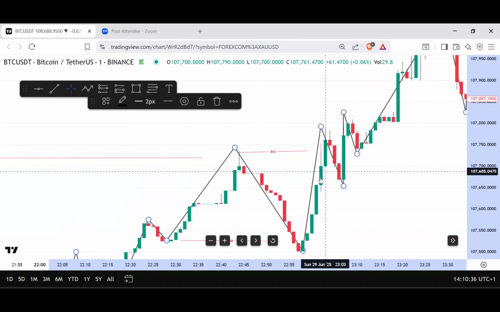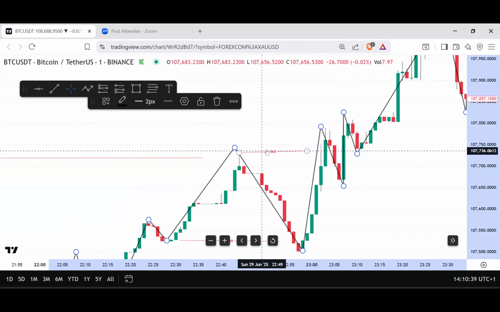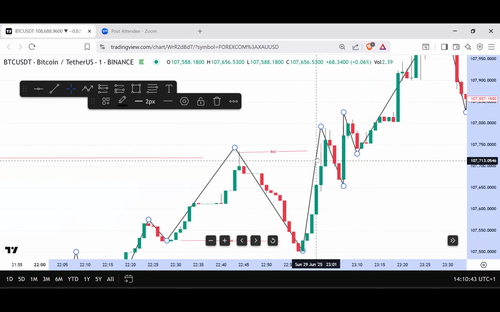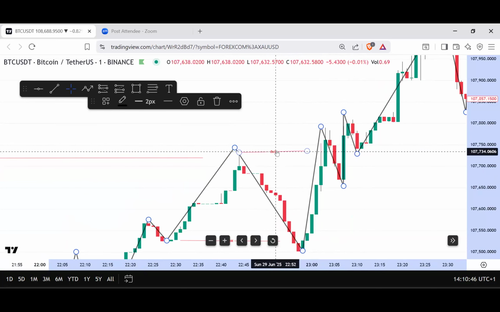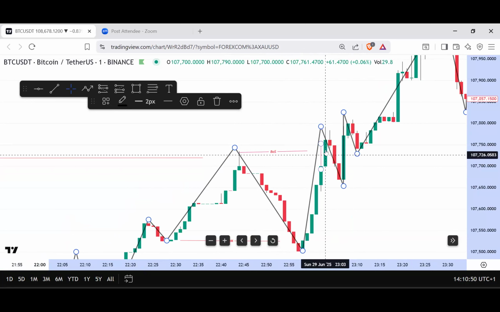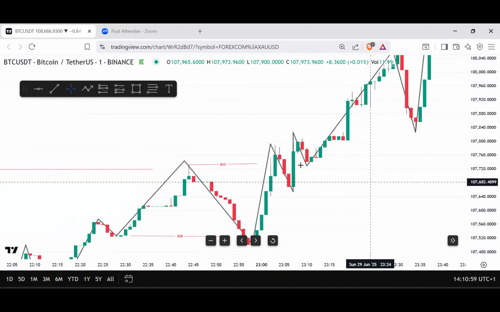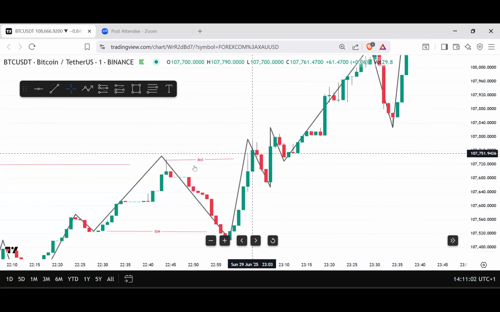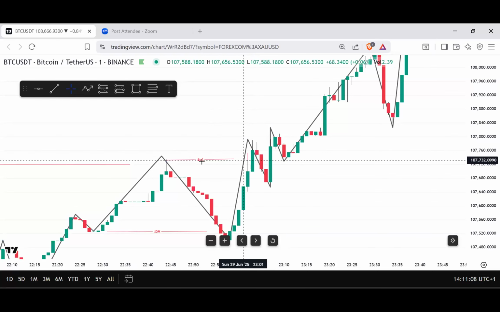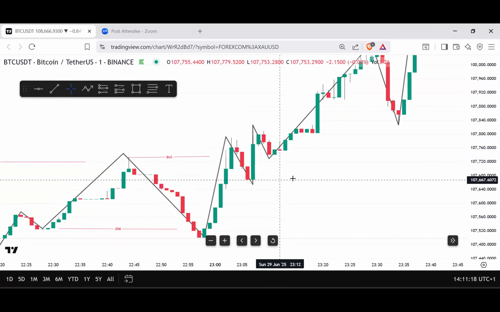So this created a break of structure. We don't consider it a break of structure until we see a candle that closes above it. It's because we are doing this after it has happened that we can see the candle closed above. Otherwise, we will have to wait to see. If we see such a candle like this one, is it immediately possible that we can give an entry, or again we have to wait?